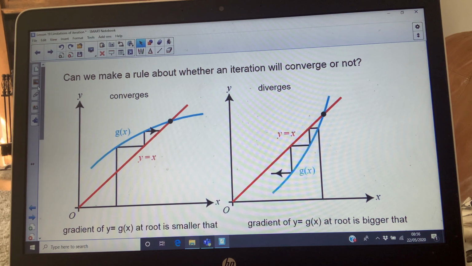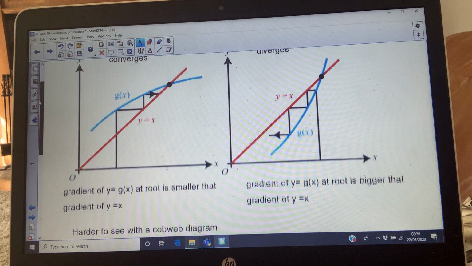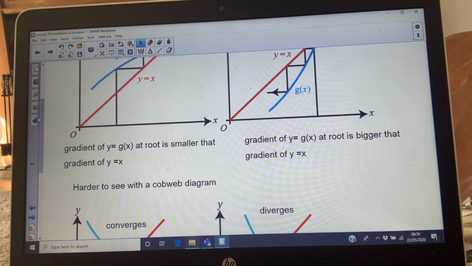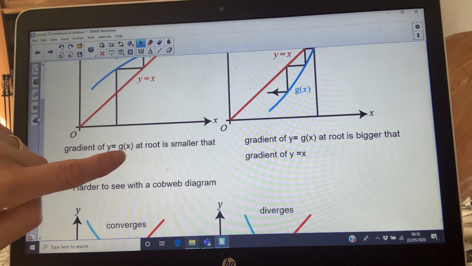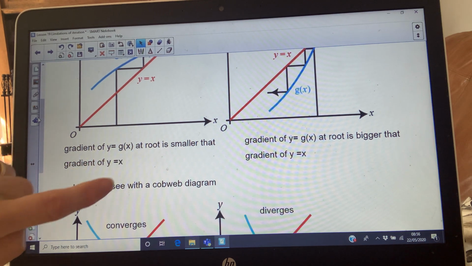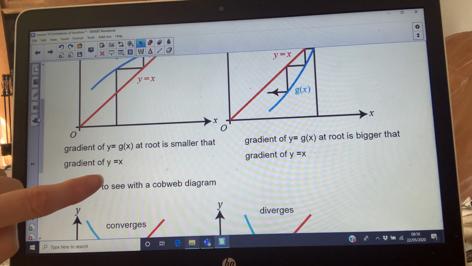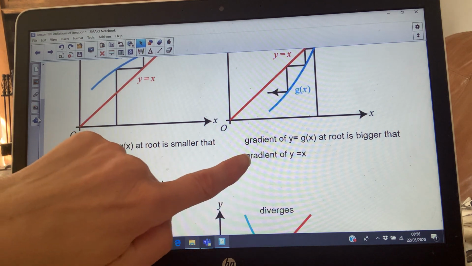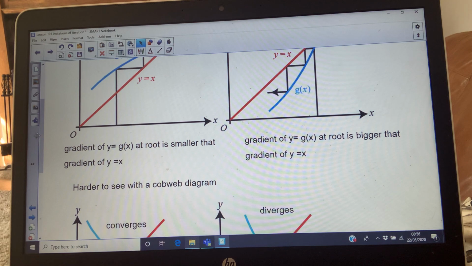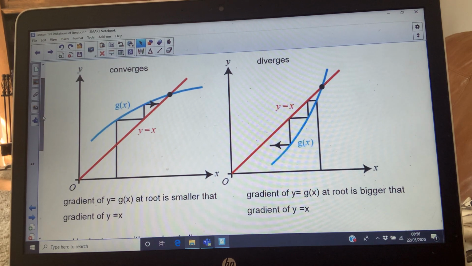So this is what we tend to say. It's to do with the gradient. The gradient for the convergent bit, the gradient of your function g of x at the root is smaller than the gradient of y equals x. And here, the gradient of your function is bigger or steeper than the gradient of y equals x.